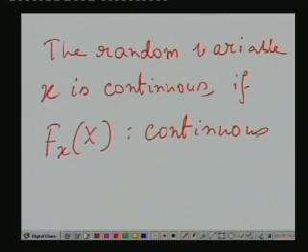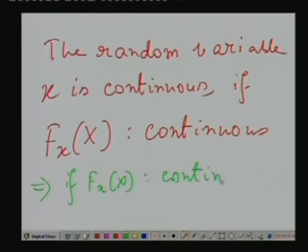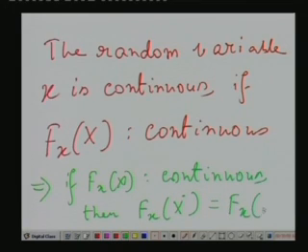Now, if it is continuous, then it means, you see, if this is continuous, then this limit will be same as, this comes from the definition of limit and continuity.